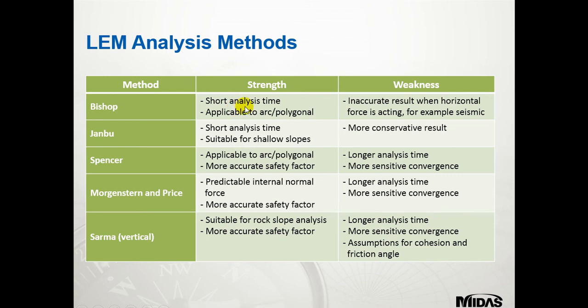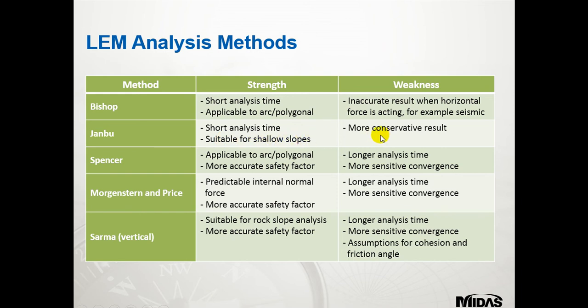Some of the strengths of the Bishop are the short analysis time, and it is applicable to the arc and polygonal methods of carrying out analysis. The weaknesses are the inaccurate results when horizontal force is acting, such as for seismic analysis. The Janbu's strengths are a short analysis time, and it is also suitable for shallow slopes.